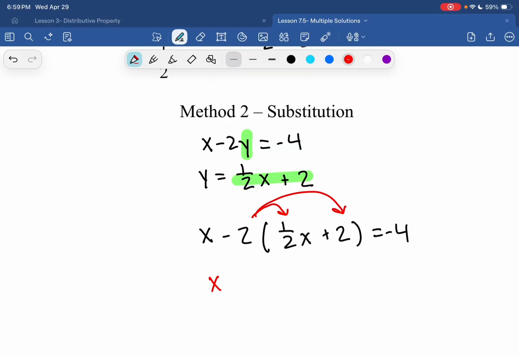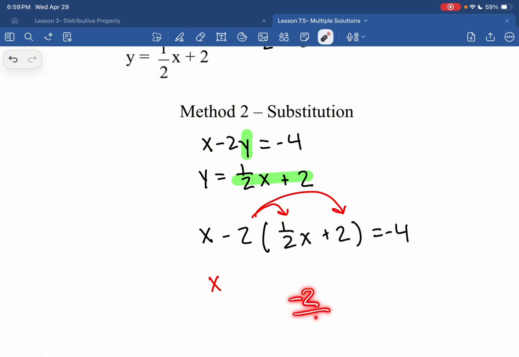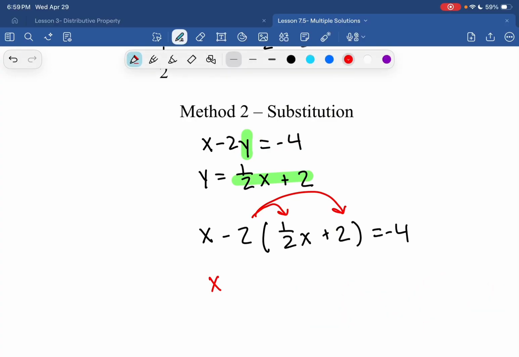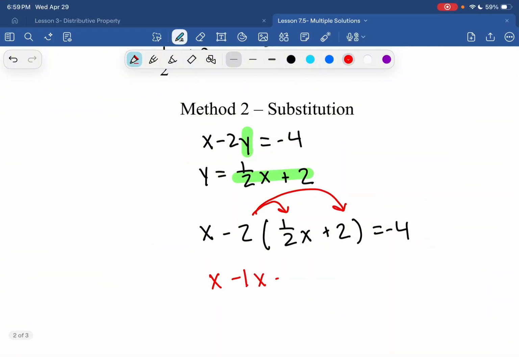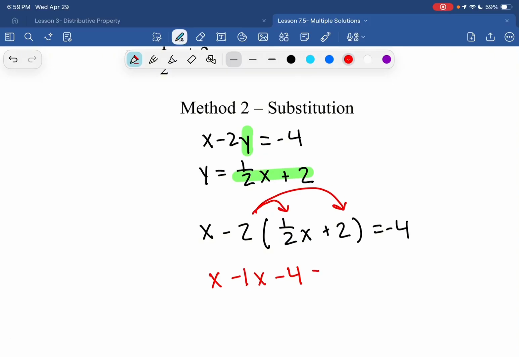I have x, now -2, which would be -2 over 1, times 1 over 2 is going to give me -2 over 2 or -1. -1x, and then -2 times 2 is -4, because a negative times a positive is a negative, equals -4.